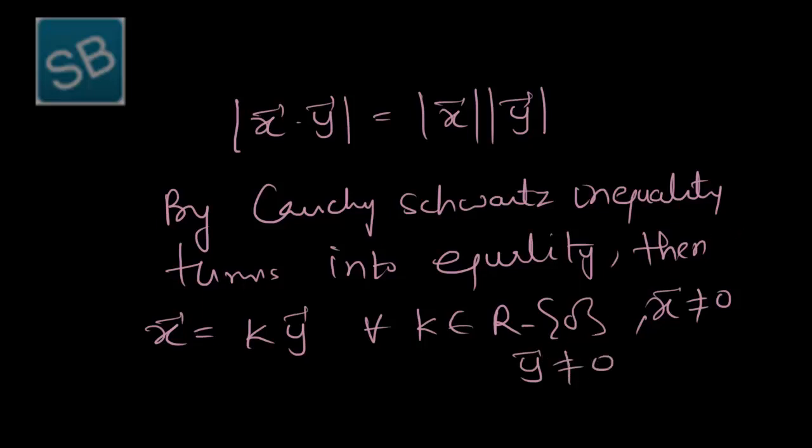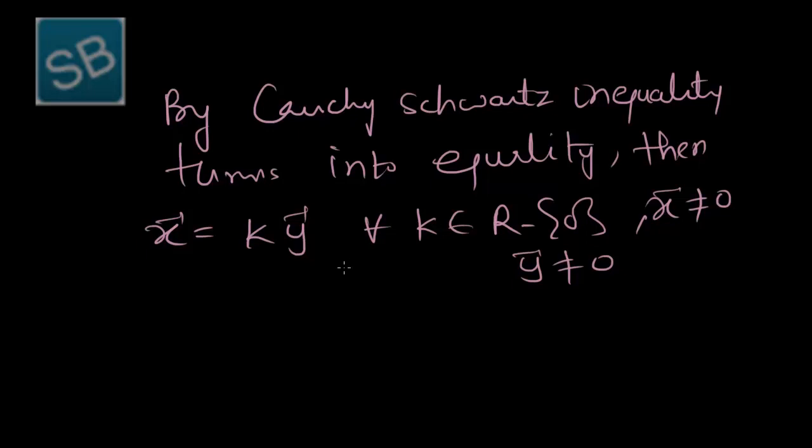So this is by the Schwarz inequality, then they become parallel or they are in opposite direction. That is, if x and y satisfy this equality, then by definition x and y vectors are collinear vectors.